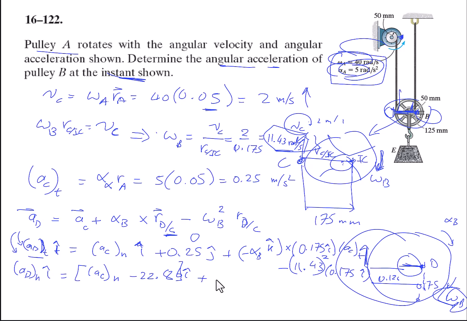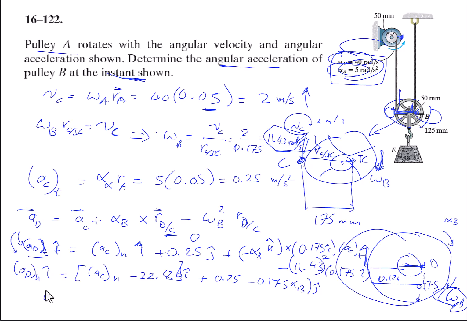plus the terms in the J direction, so 0.25 minus 0.175 times the angular acceleration alpha B. All of them are in the J direction. Hope I didn't mess this up.